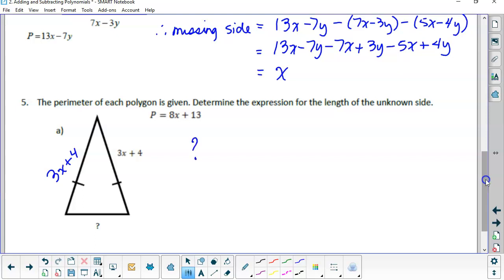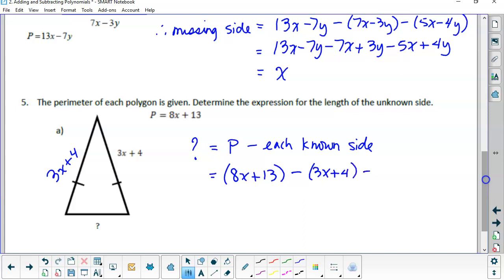So my question mark will be the perimeter minus each known side. So 8x plus 13 is the perimeter, minus 3x plus 4, minus 3x plus 4.